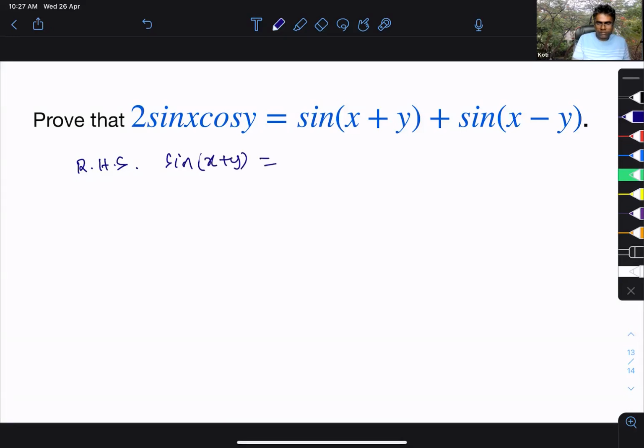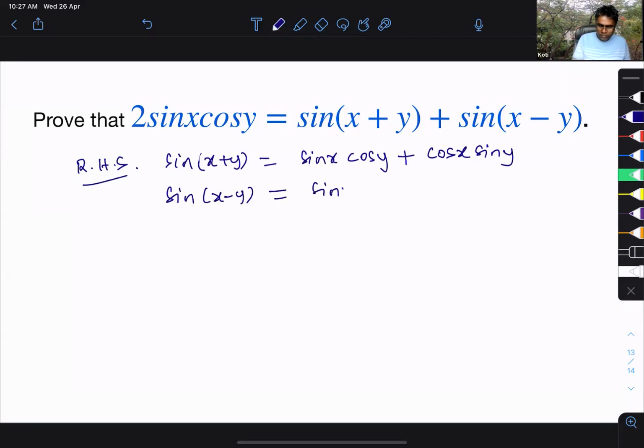So sin of X plus Y is sin X into cos Y plus cos X into sin Y. And similarly sin of X minus Y, on the right hand side, is sin X into cos Y minus cos X into sin Y. Let's see if I've made any cut-copy mistakes here.